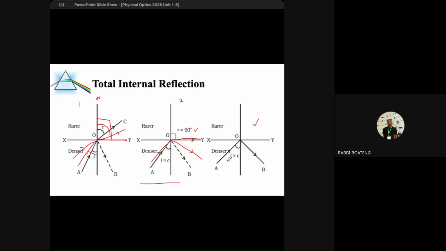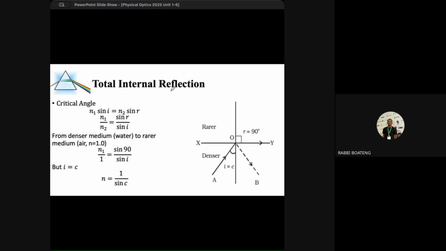Now, if we have a situation like this, that is where we have total internal reflection. So in the process of refraction, we've gotten total internal reflection. Now we can relate some formulas to it because we know this formula already from refraction. We can make n the subject by dividing both sides by sine i, then dividing both sides by sine r.